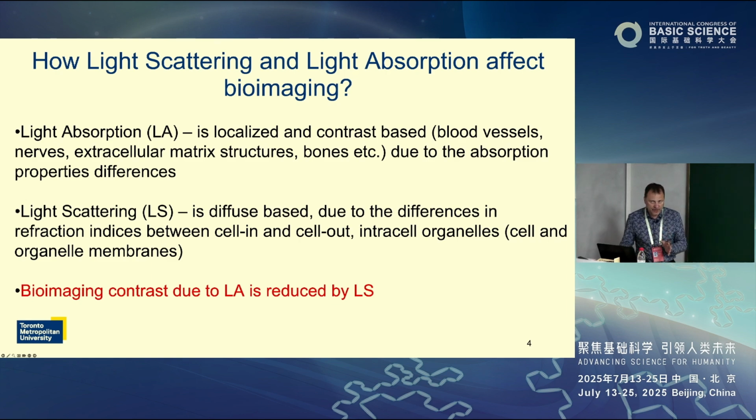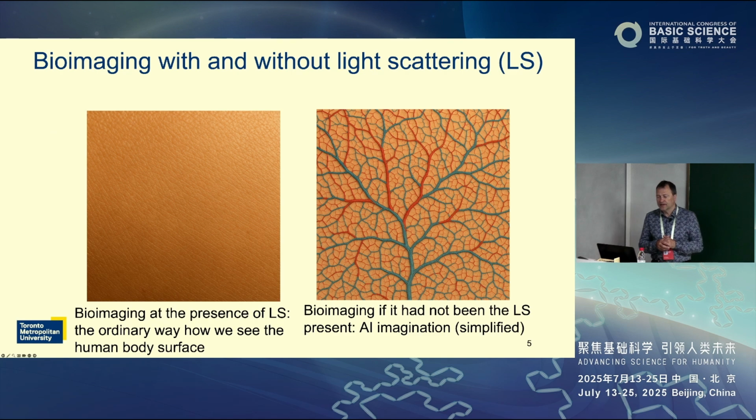Just to illustrate this idea, we can compare human skin. On the left, that's how we see our skin with an unaided eye. We don't see anything because the surface of the skin, more exactly the epidermis, has very high scattering. What if we did not have the scattering?